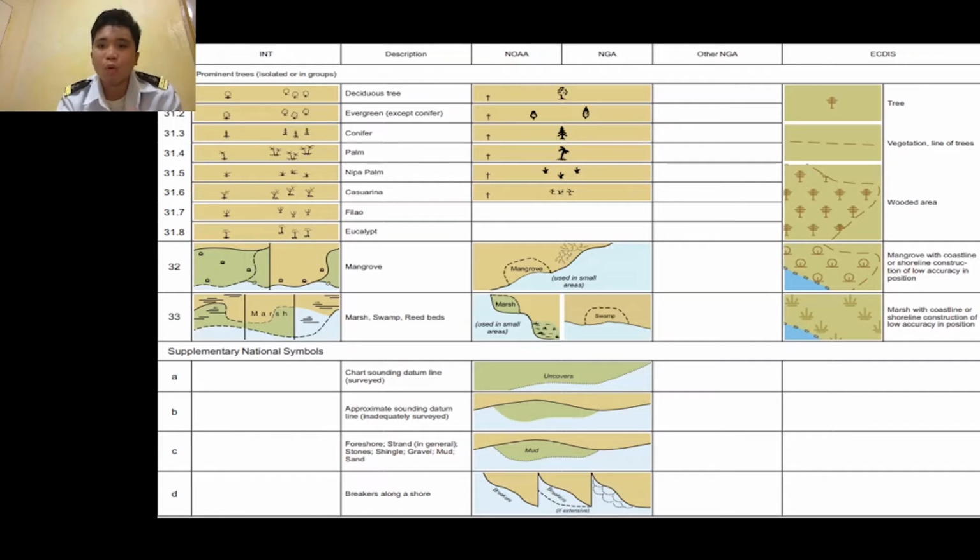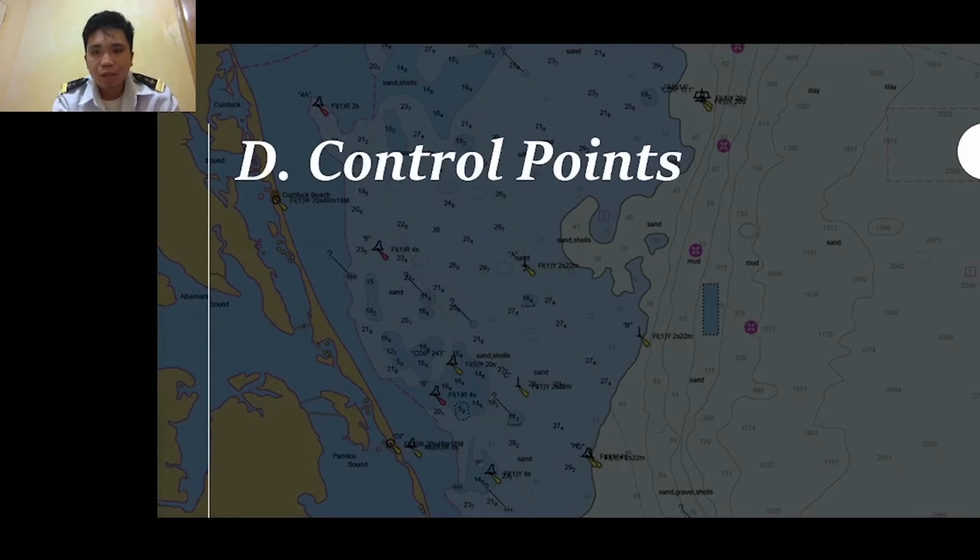So we must know these symbols and landmarks so that we could use them as a fix, so that we can know our position, and we could use the buoys as our aids to navigation and all of that. So continue to listen to the other reporters, as they will be thoroughly discussing and elaborating the other symbols and abbreviations in these sections A to I of the US Chart Number 1.